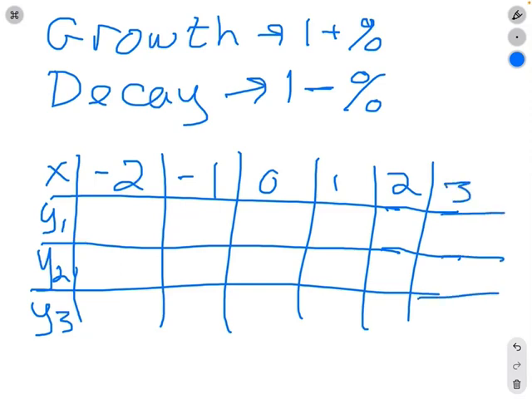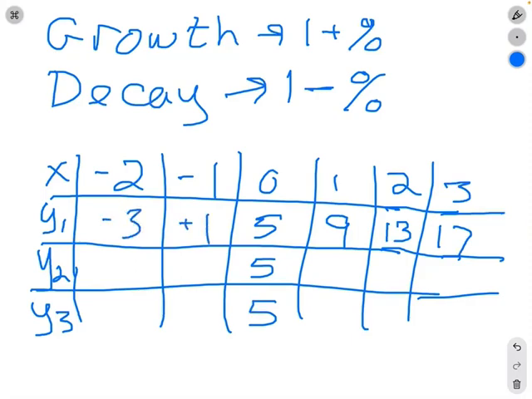Okay, so we'll make our starting value 5 for all of these. So for this one, let's say we're going to have 9, and then 13, and then 17, and no, +1 and -3. For this one, we're going to have 10, 20, 40, 2.5, and 1.25.